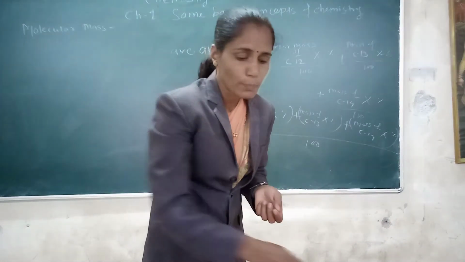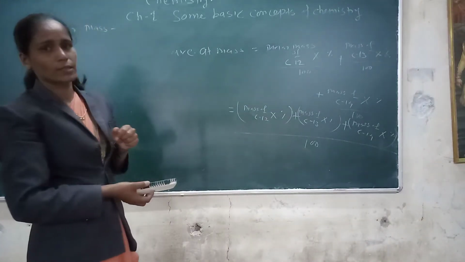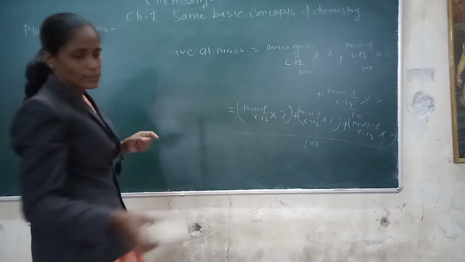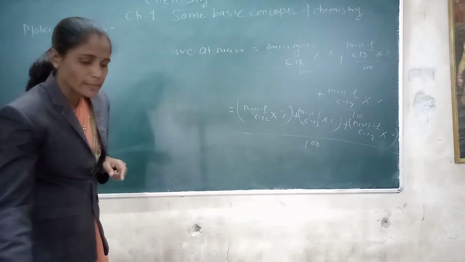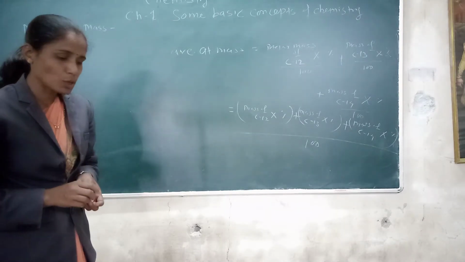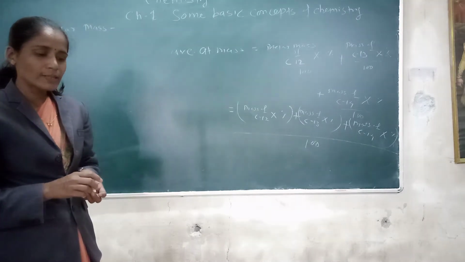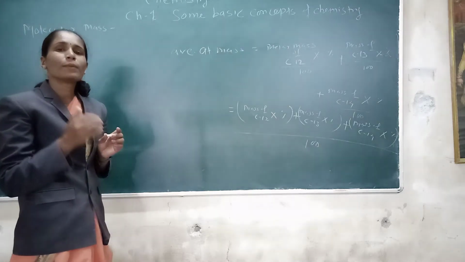The next point of the chapter is molecular mass. Molecular mass of a substance is the mass of one molecule of that substance relative to the mass of carbon 12.